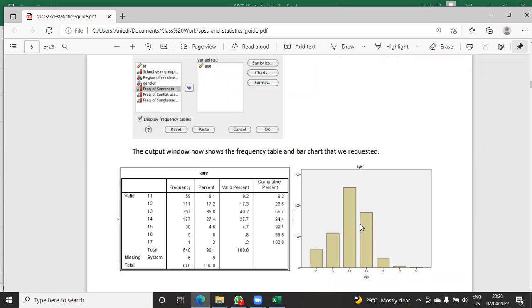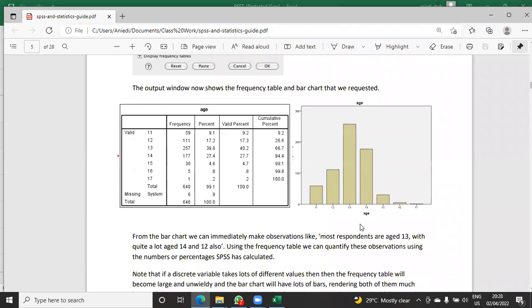In analyzing it, this is what they had: for those who fall under age 11, 59 people responded. Are you seeing the screen very well? Let me increase it.